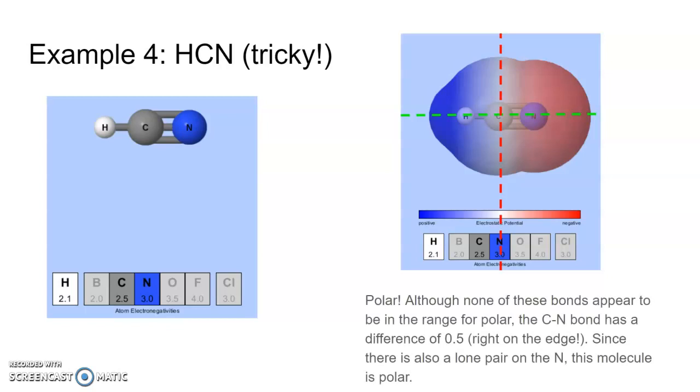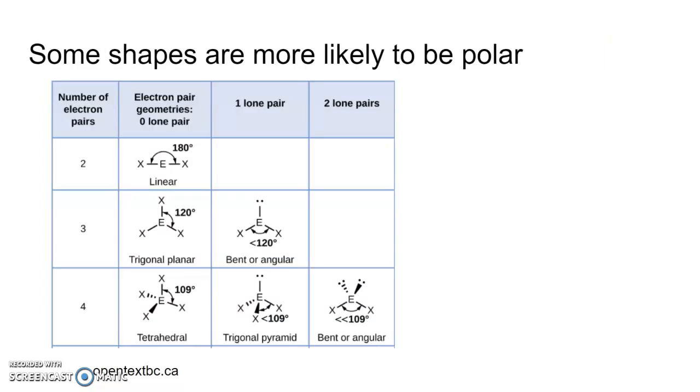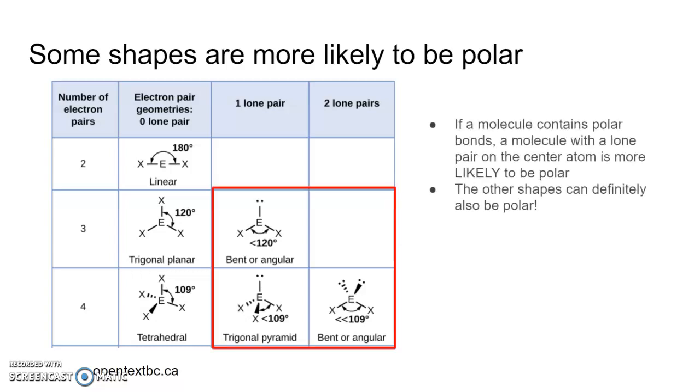All right, this sums up part of what I was saying. Okay, so let's take a look at which shapes are more likely to be polar. I'm not promising you that they're always polar, but they're more likely to be polar. If you want, you can pause and think about which ones might be more likely to be polar, but this would be the answer.